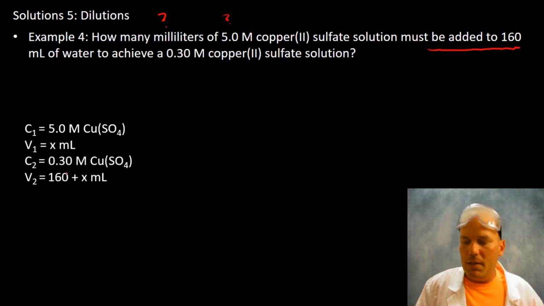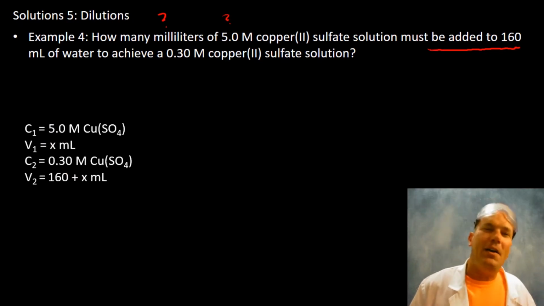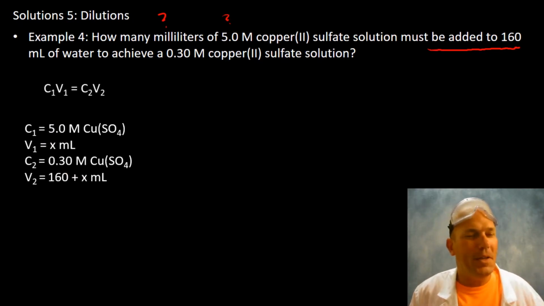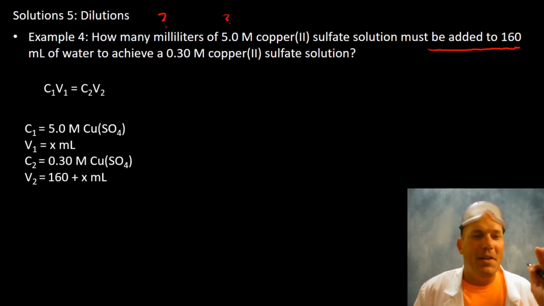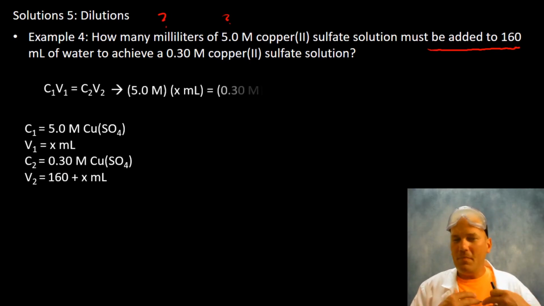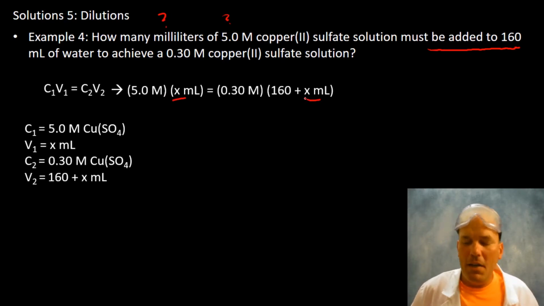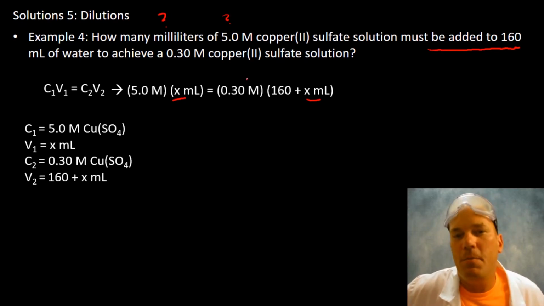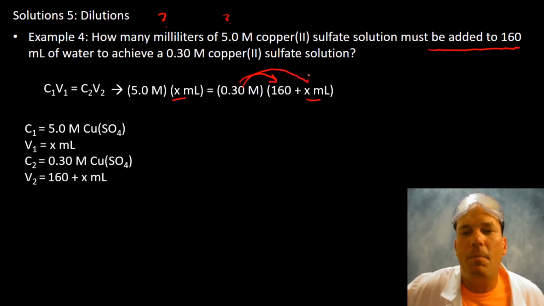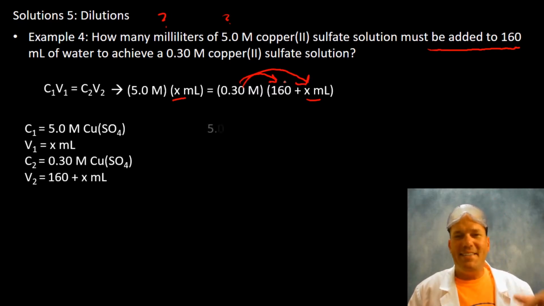Okay, so we're going to need to use a tiny bit of algebra in this problem, which sounds great to me. C1V1, laying it out as we usually do, just looks a little different because we have this X factor here. Now, what are we going to do algebraically? Distributive property, right? Easy, okay?